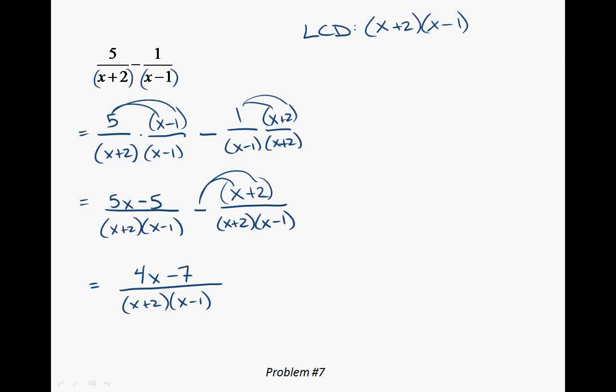So the final answer here is 4x minus 7 over x plus 2 times x minus 1. If you want to FOIL that denominator, you're more than welcome to, but you don't have to. In fact, I recommend that you don't, just because it's one less step and it's one less chance to make a careless mistake.